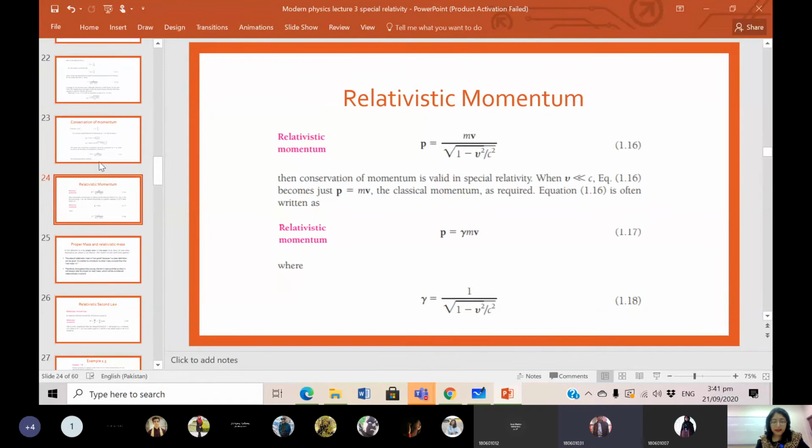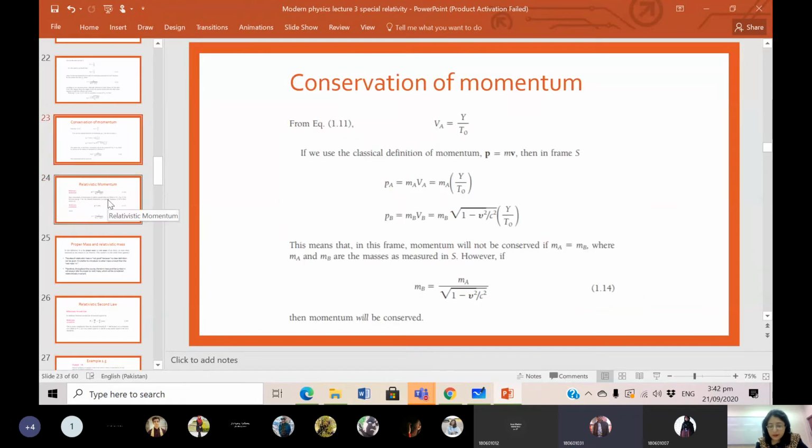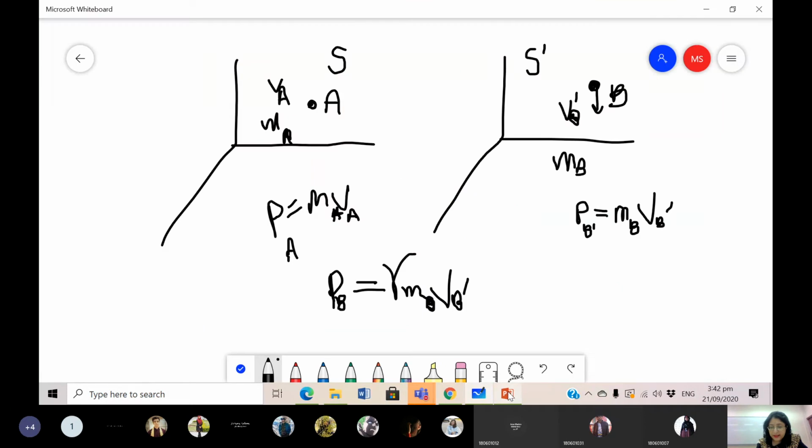Because this was VB, and MB is equal to MA over gamma. So MB is equal to MA over gamma. So this should be equal to what? This will be equal to MA VA, right?